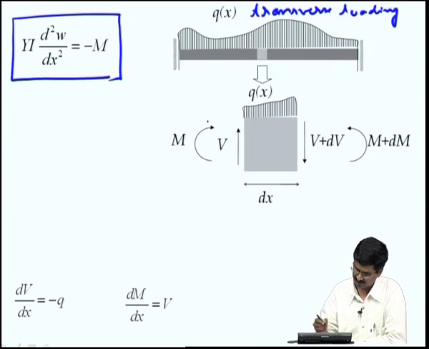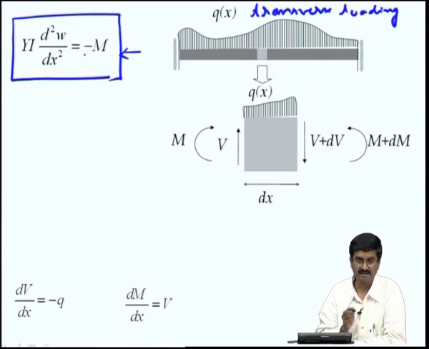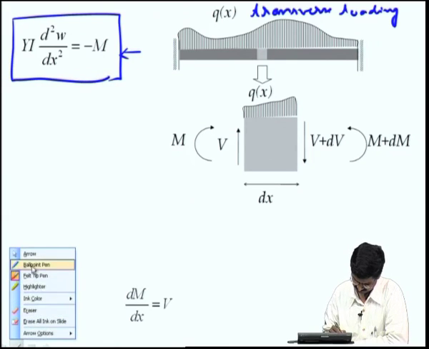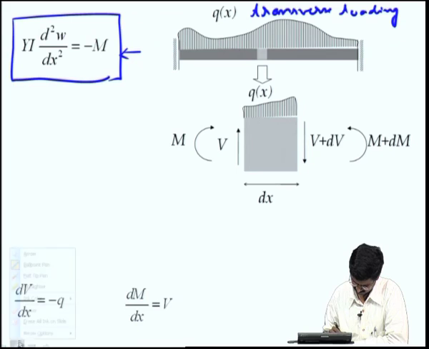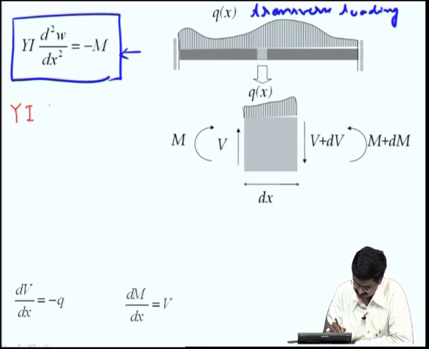We also have another quantity called V, which does not appear in this equation right now, but we will see how it comes about; it is positive downwards on the left side. Because of the sign convention, we get a negative sign here. Now, if I differentiate this with respect to x, I will get Y I d cube w by dx cube equal to minus dM by dx.